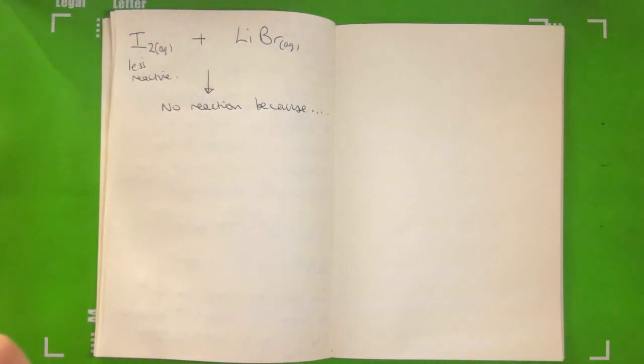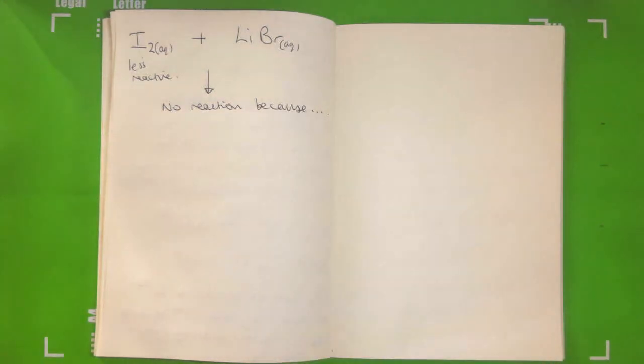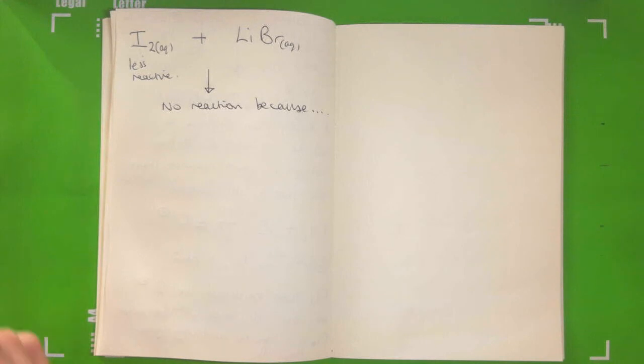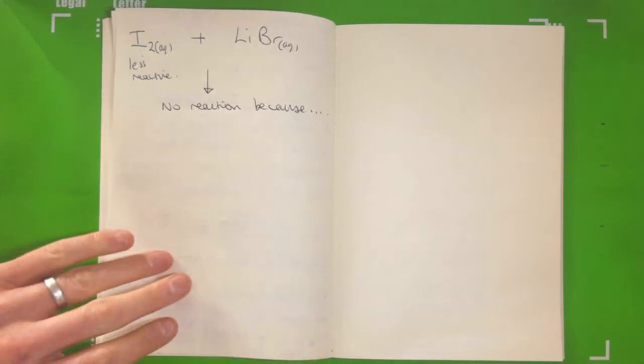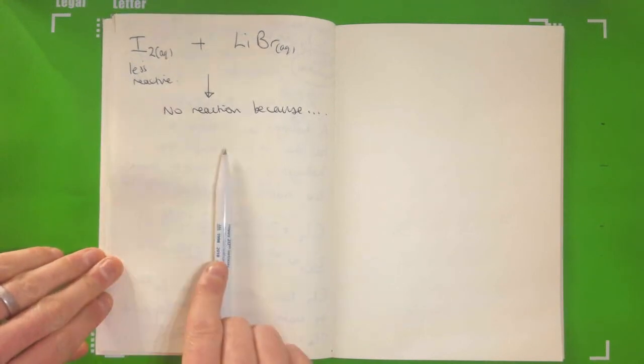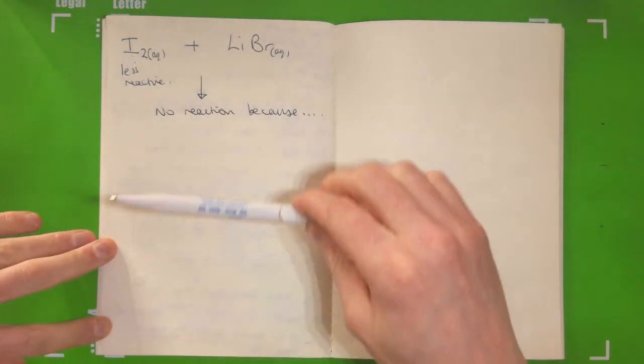And what we can do is, if we do a whole series of experiments, we can actually predict which ones are going to react and which ones aren't. So we're going to draw a little table here. I'm going to ask you to make it 5 columns long, like this, 1, 2, 3, 4, 5, and then 5 columns up as well, 1, 2, 3, 4, 5.